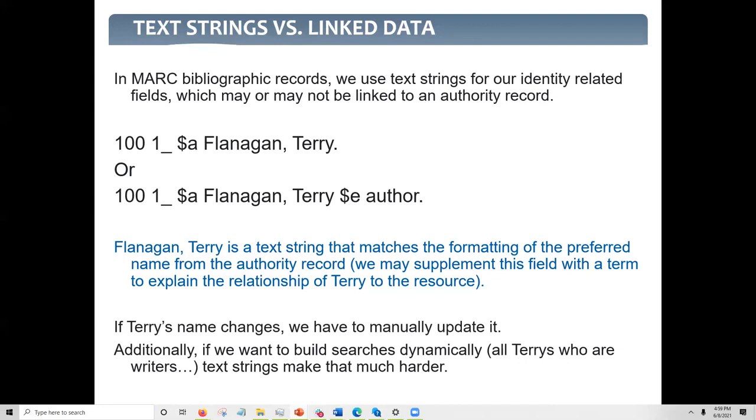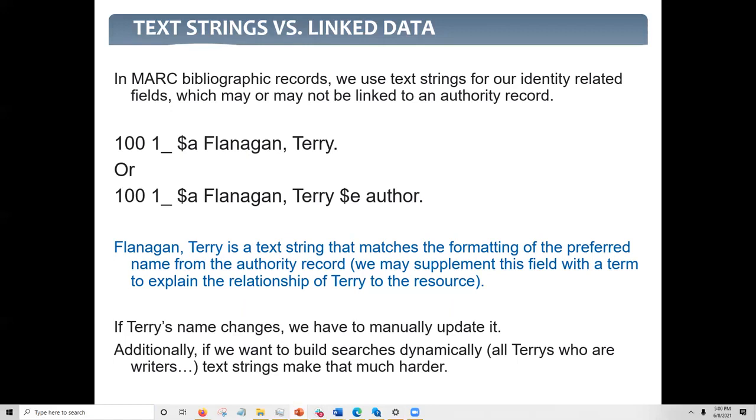The challenge with the text strings is, if Terry's name changes, then what happens? Well, it's got to get fixed, right? So if her name changes and she decides that she wants to prefer a different name, she tells the publisher, she tells her publicity agent, she tells everybody, I want to be Terri, let's get rid of that Y. She changes everything.